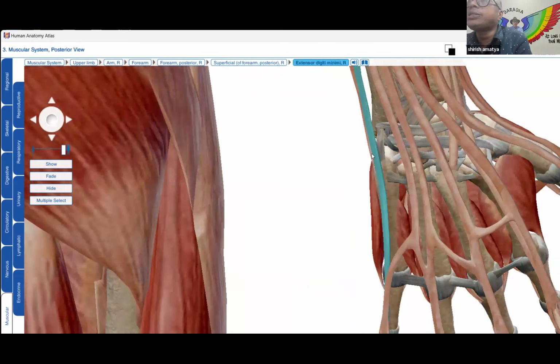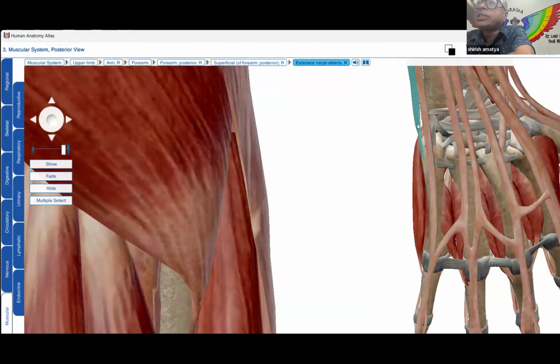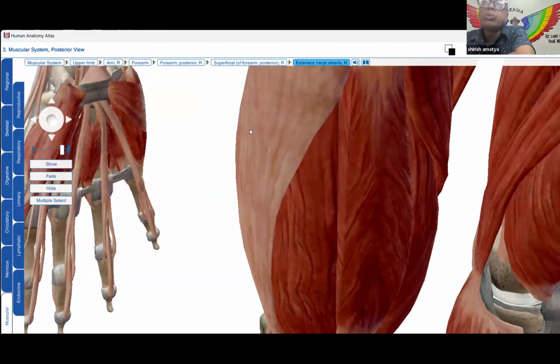In this 3D anatomy it is not nicely shown, but in sono-anatomy we can very clearly see this fifth compartment just over the distal radio-ulnar joint. And finally, the sixth compartment is the extensor carpi ulnaris.